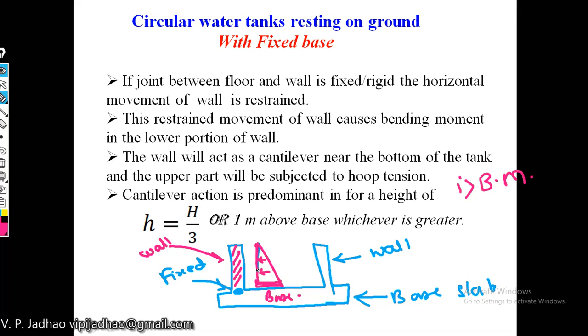Due to this water pressure, having maximum value here, the value will be gamma into h, where h is the height of your water tank. The maximum pressure intensity will be gamma into h. Due to this, some bending moments will be developed.